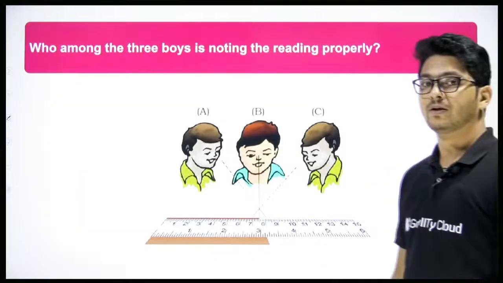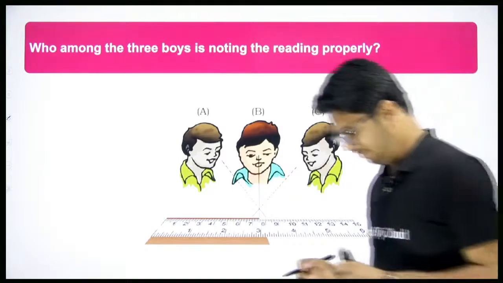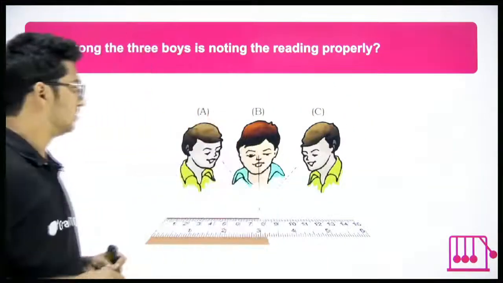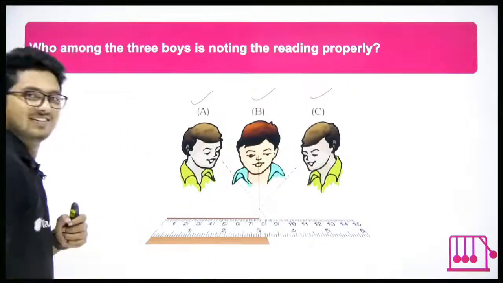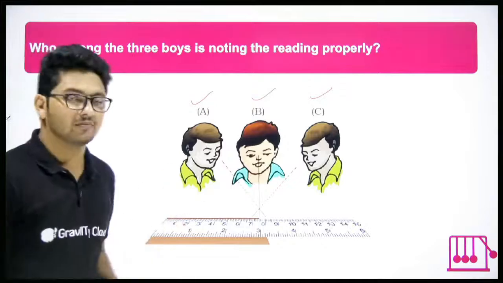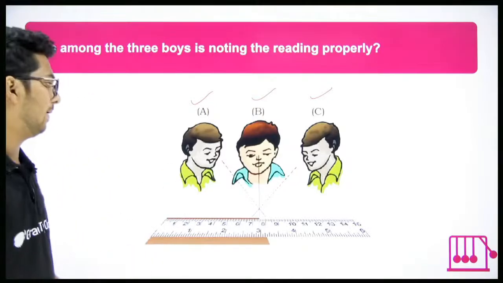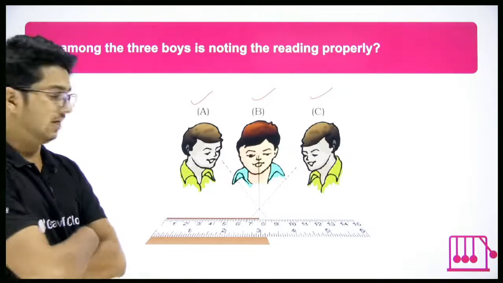Next. Who among the 3 boys is noting the reading properly? The 3 boys are given the names A, B, C. Which of them is taking the reading properly? A or B or C?